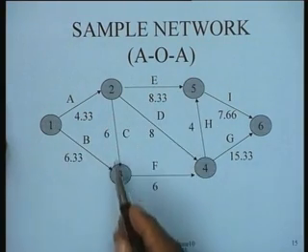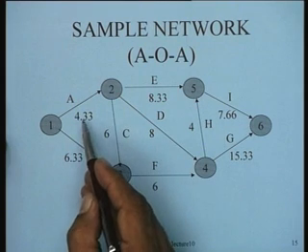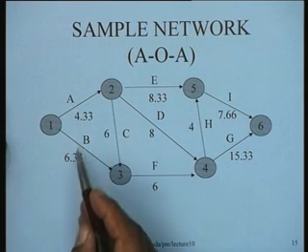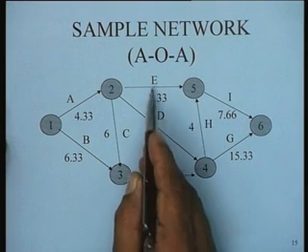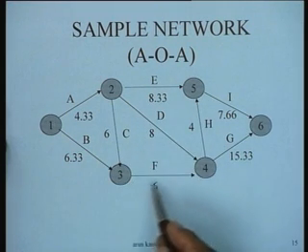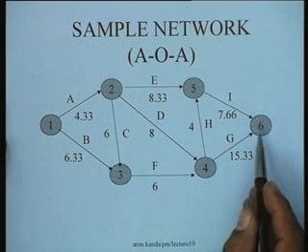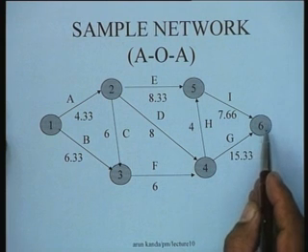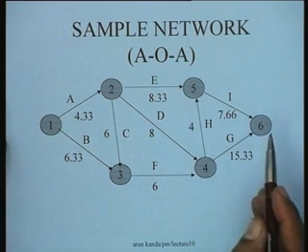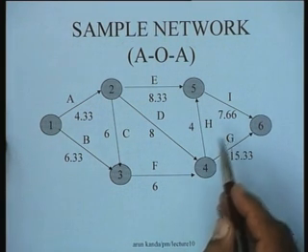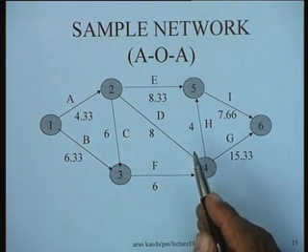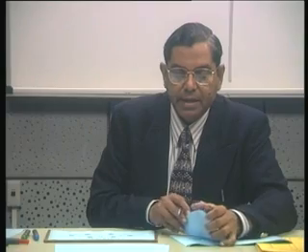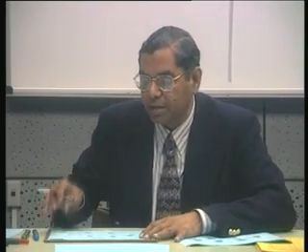The times that are shown adjacent to each activity are the expected values of the times for each of the activities, and we have therefore the entire network shown in this diagram. Now we will do a forward pass and a backward pass on this network and identify the critical path just as we had done here. So let us do a forward and a backward pass.